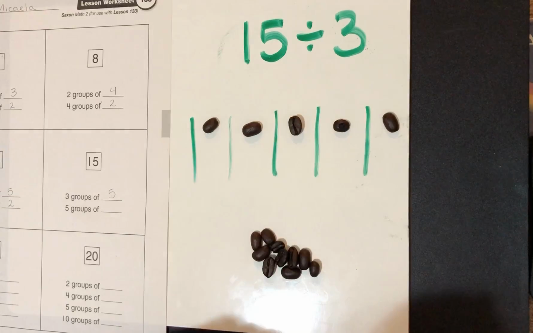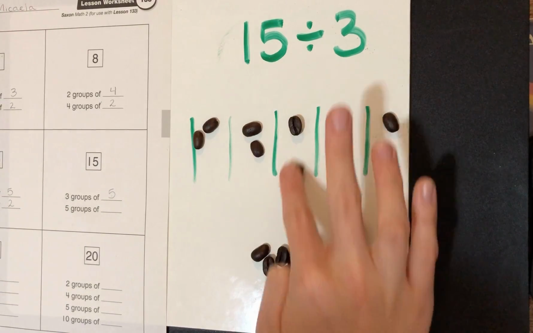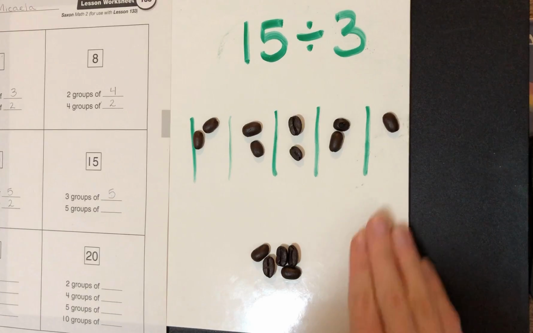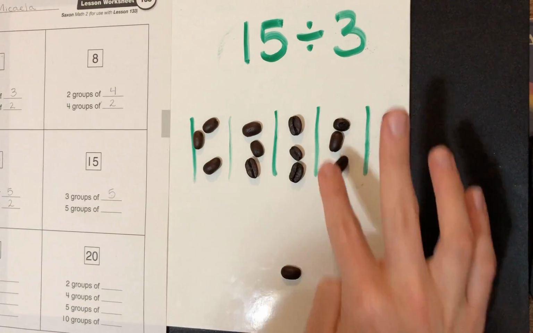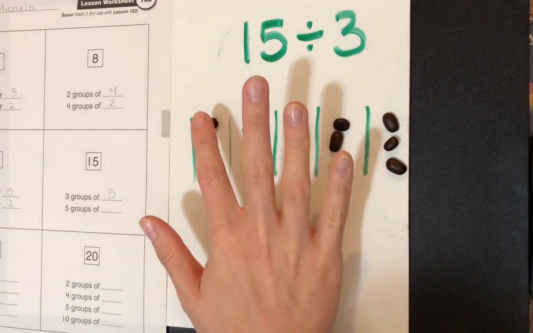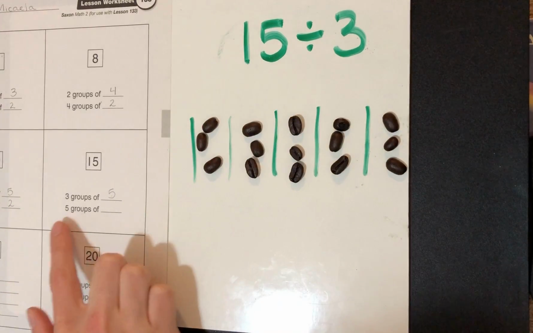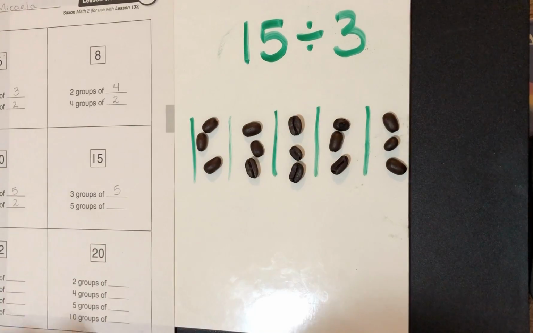So each one is its own little group. So I have 5 groups, and I have 3 in each group. So it says 5 groups of 3.